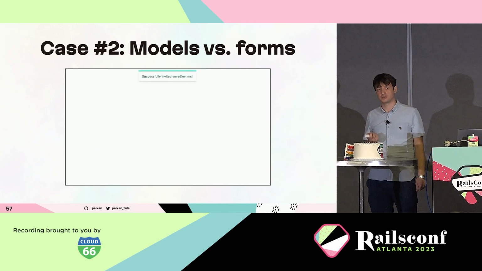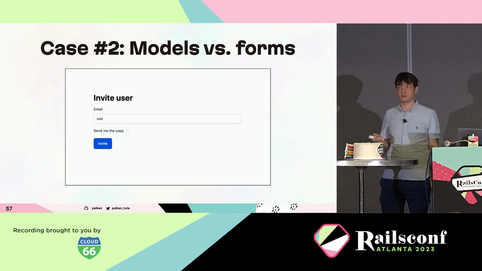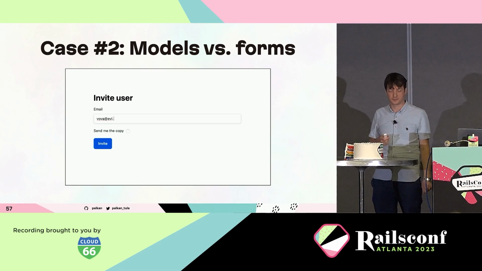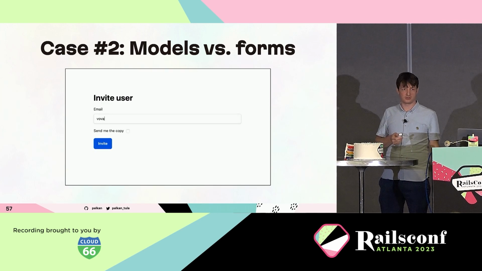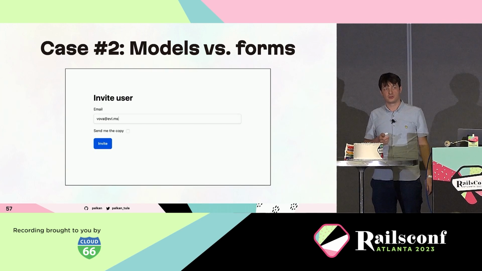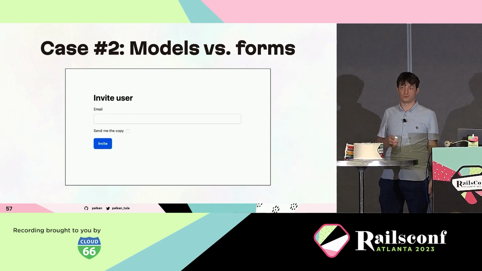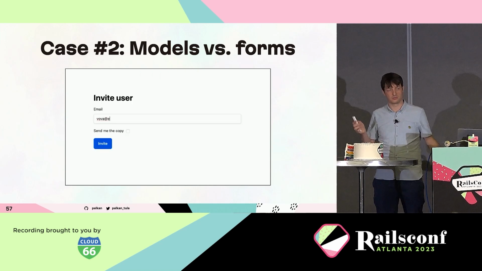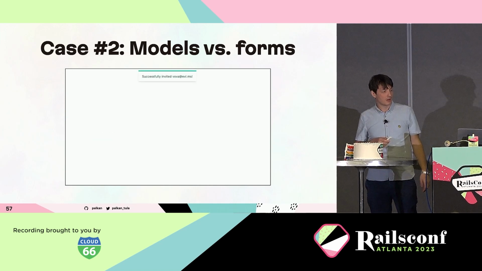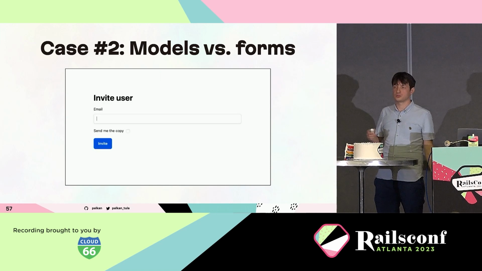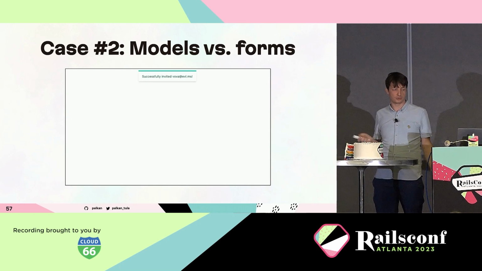It's again about models, and this time forms. So we add a bit of interface. Models are not an accident here in every example, because in a Rails application, we usually put a lot of stuff into models and make them over-responsible. Here we have an invitation form with one field and one checkbox, sending a couple of emails and creating a user.